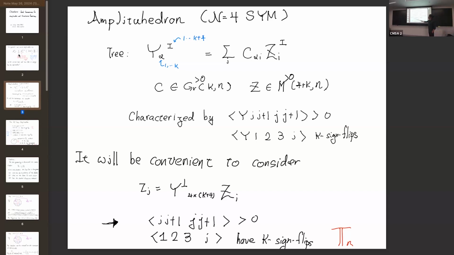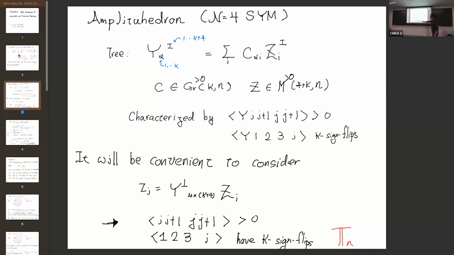So I'm going to call it little z. Of course, this is basically the same because we're taking the determinants, or we're really looking at the complement of the big Z's in the Y space. So these two conditions just collapse into conditions that you impose on your 4 brackets. Okay, so it's just <i i+1 j j+1> is bigger than 0, and <1 2 3 i> having k sign flips. So, okay, good.